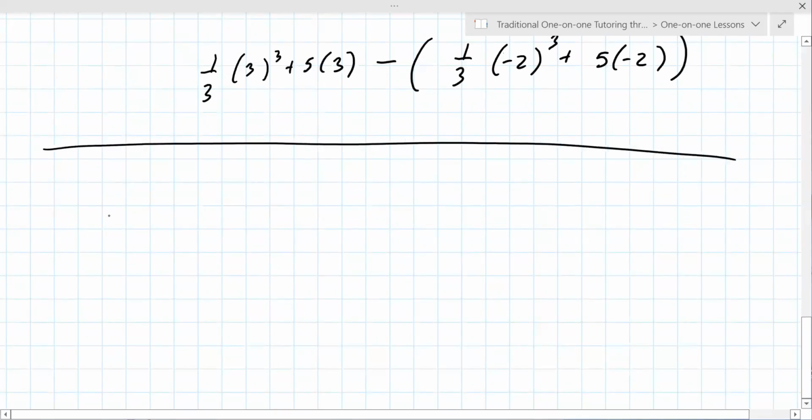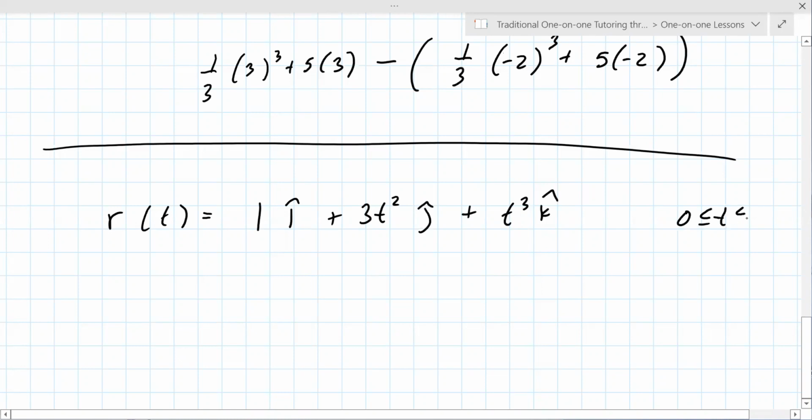Right. So the vector r is 1 i hat plus 3t squared j hat plus t cubed k hat, and we're going from 0 to the square root of 12. So you take a derivative: 0, 6t, and 3t squared.